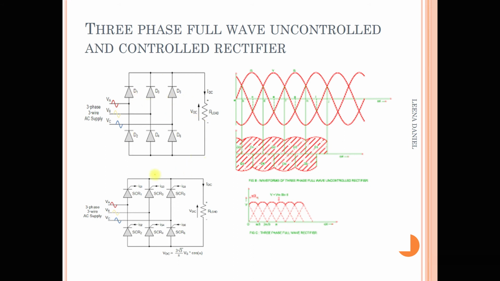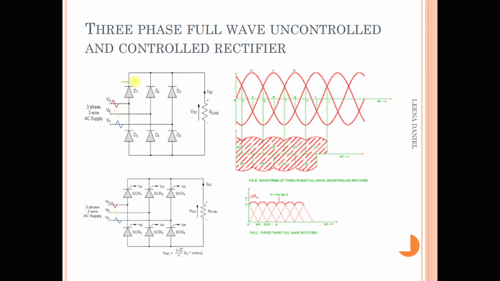Okay, so what is the sequence? First D1. Now here two thyristors or two diodes will conduct at a time, and one diode would be from the positive half and the second diode from the negative half. They would conduct in combination, one from positive and the second one from negative.